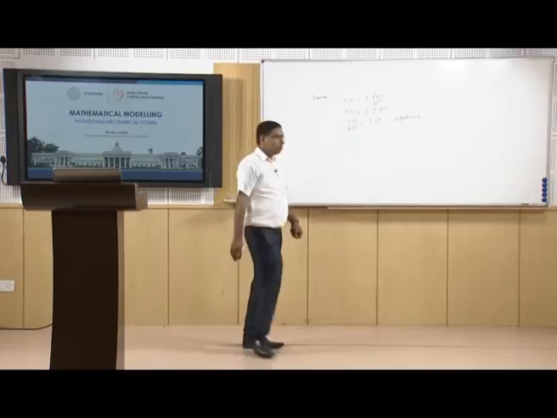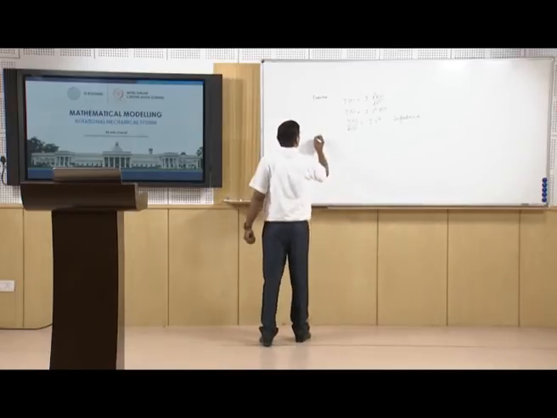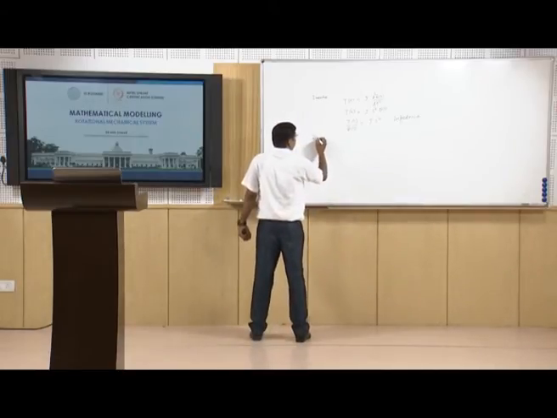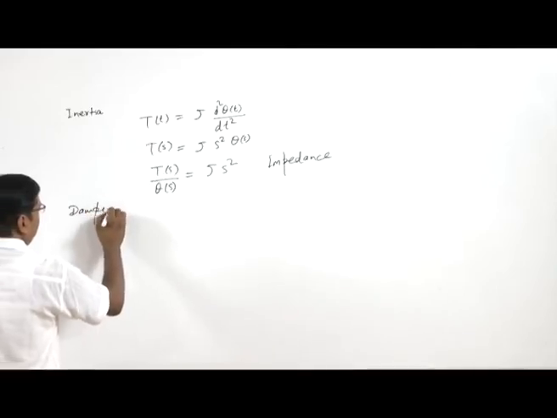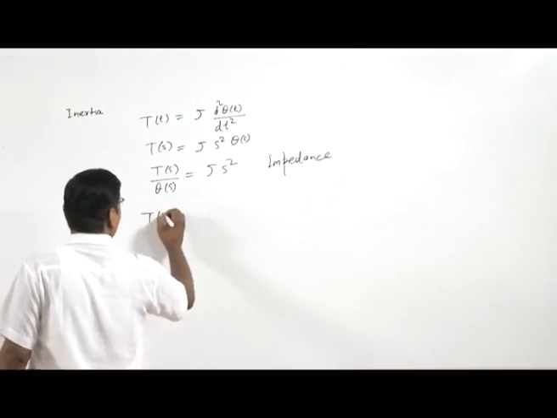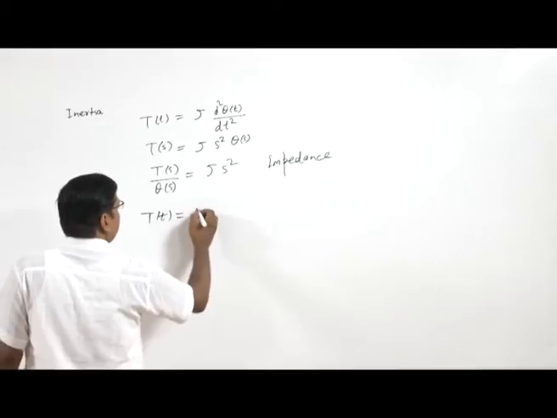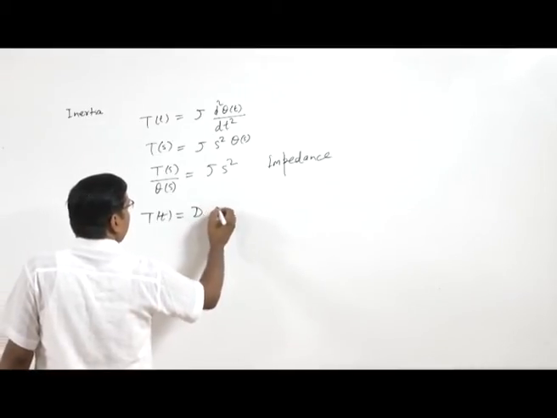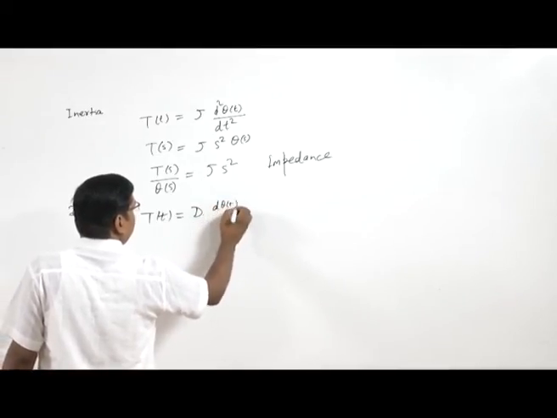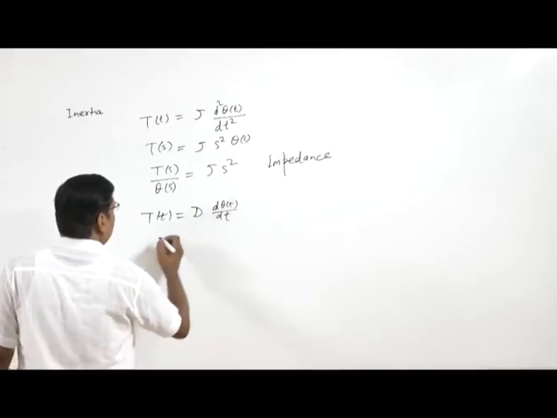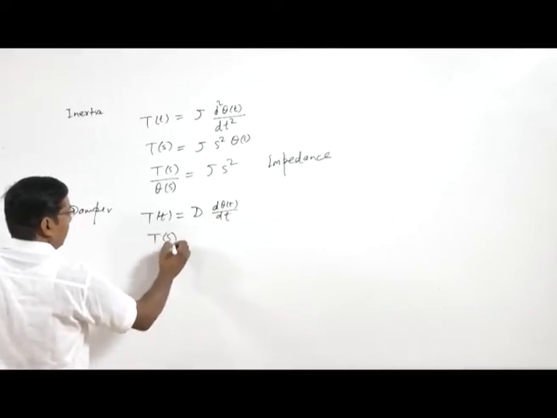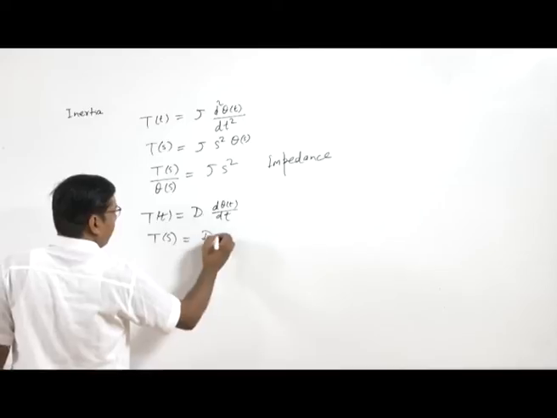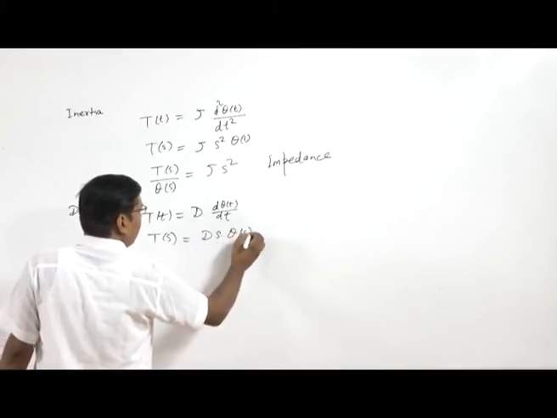Similarly, for the rotational damper, we have torque equal to D into d theta by dt. Here we take the Laplace transform, so D into s into theta s.